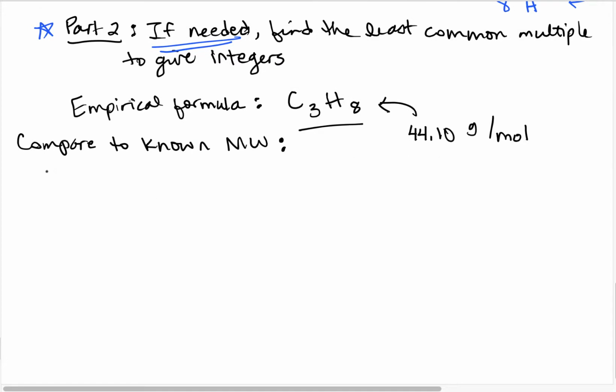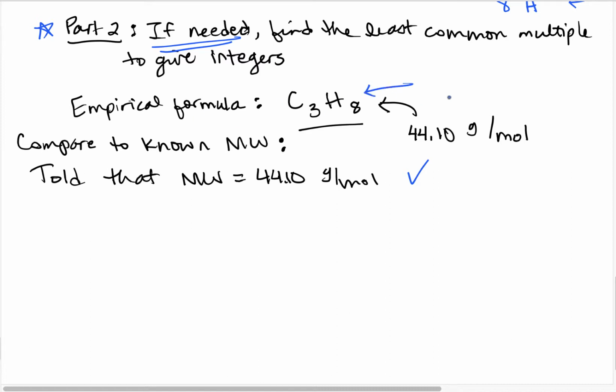So if we were told that the molecular weight is equal to 44.10 grams per mole, then we would know that the chemical formula would be the same as the empirical formula. Right? So it matches the empirical in this case. So it's also the chemical formula that C3H8 is.